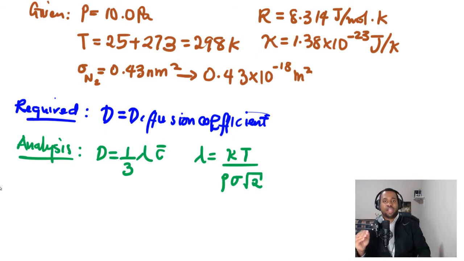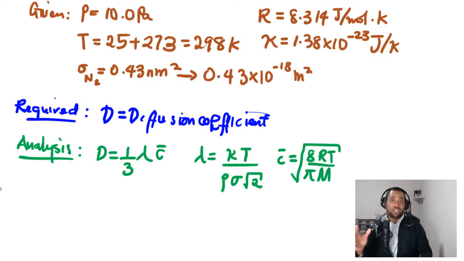And the other one here is our c, which is our mean speed, equal to the square root of 8 multiplied by RT all over pi multiplied by M, which is the molar mass. Take note that we're using the R and the big M, not the k and the small m, because we don't have the mass of that one atom, so we're going to use our molar mass in here.